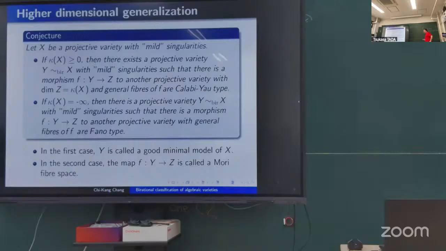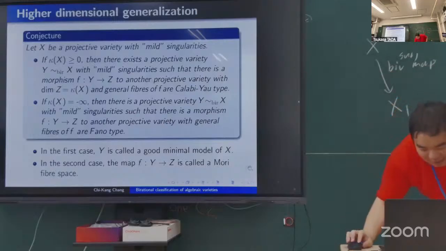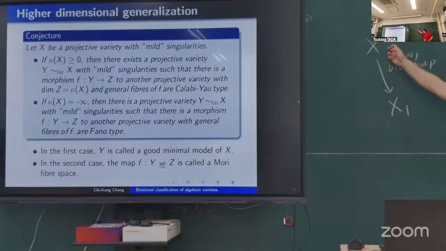In fact, the minimal model conjecture is that we start from a variety. If X is not minimal, then there is a surjective birational morphism to another algebraic variety. That is why we call the goal minimal. If a variety is not in this form, then it must have a morphism to a birational but smaller variety.